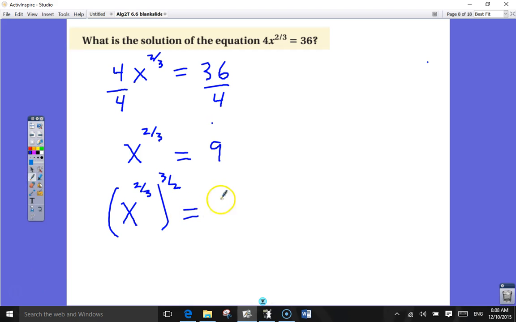That is 9 to the 3/2. Okay, what's 9 to the 3/2? That's part of the homework last night, right? It's the square root of 9 cubed, which is 27, right? It's 27. So now we've got x equals 27.